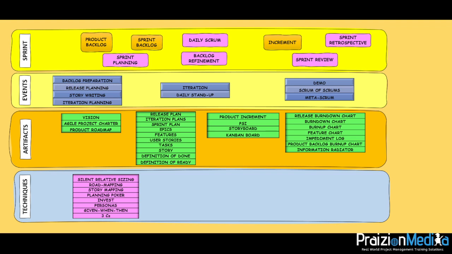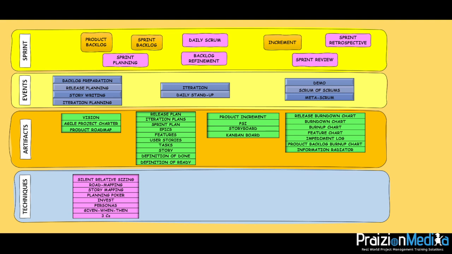Next, we have the concept of planning poker, which I've mentioned. Planning poker, great estimating technique, especially when you have time to do it. Silent relative sizing is a lot quicker. We have the concept of personas. Personas are used to understand who exactly we are building what we're building for.